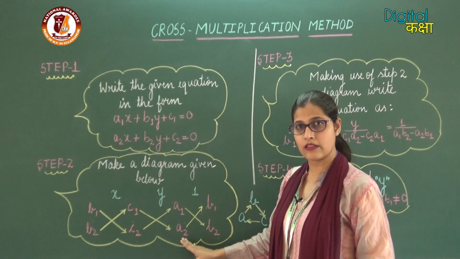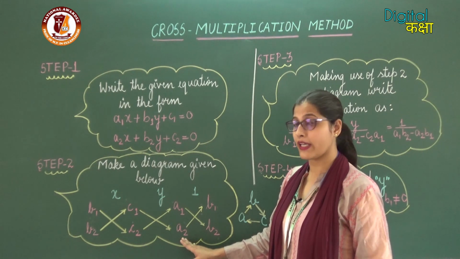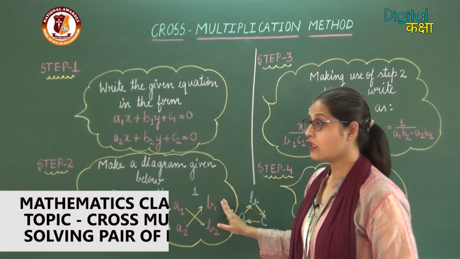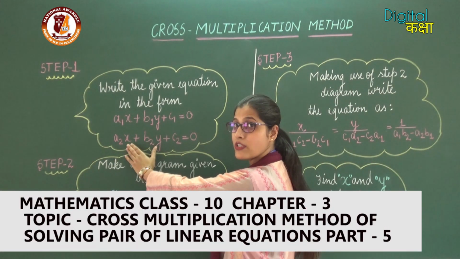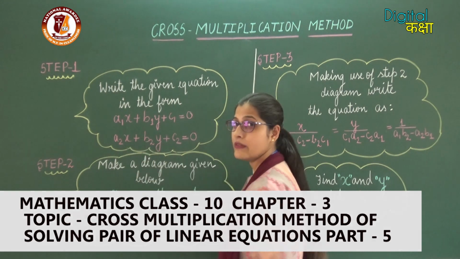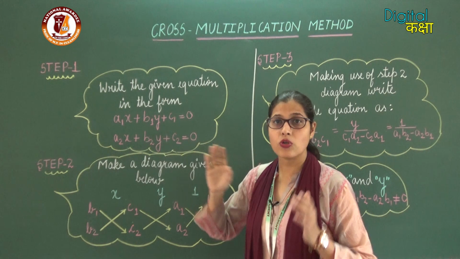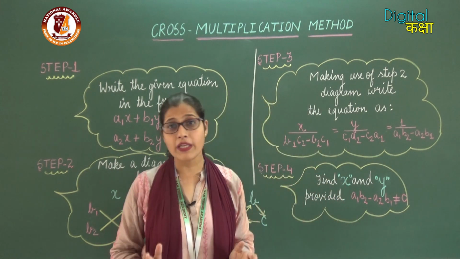Again we will be multiplying A2 by B1, where A2 is the coefficient of x and B1 is the coefficient of y. So at last we got our complete formula.